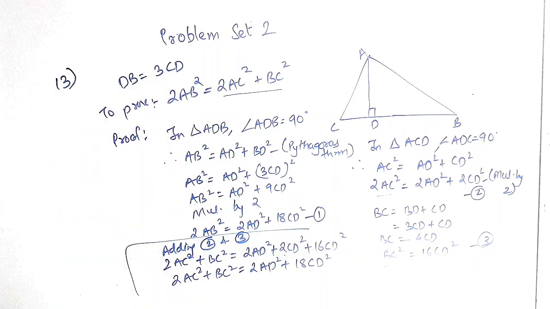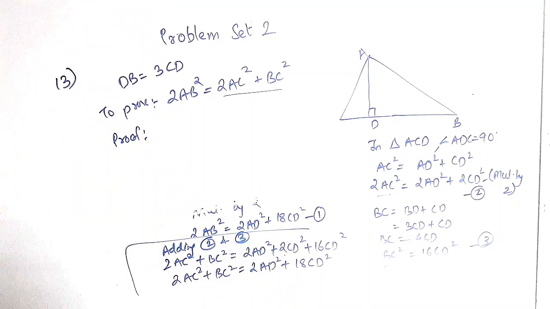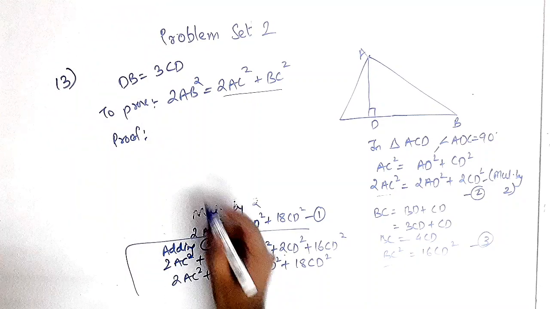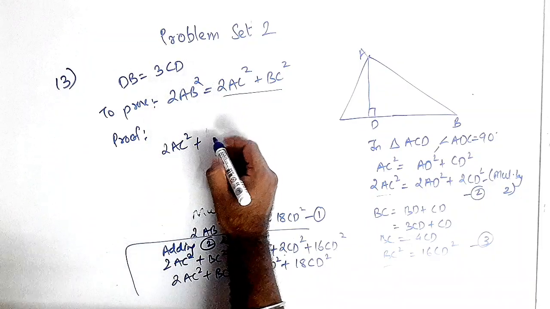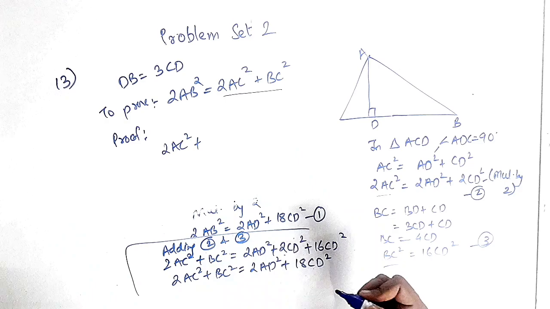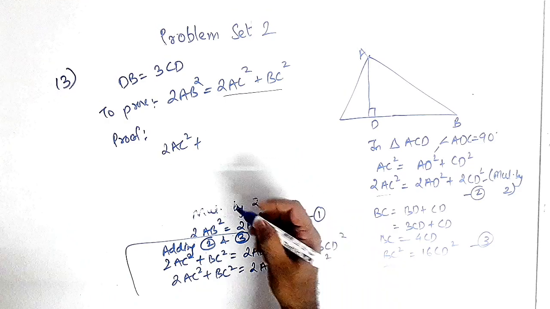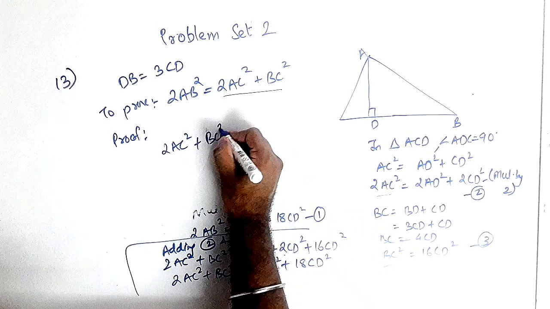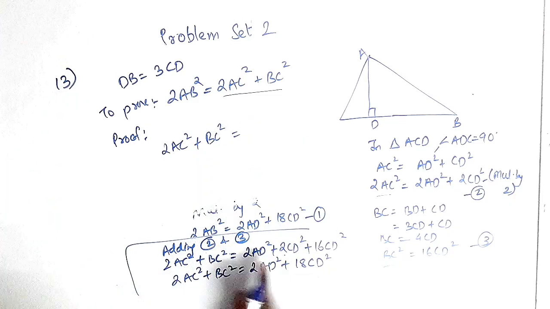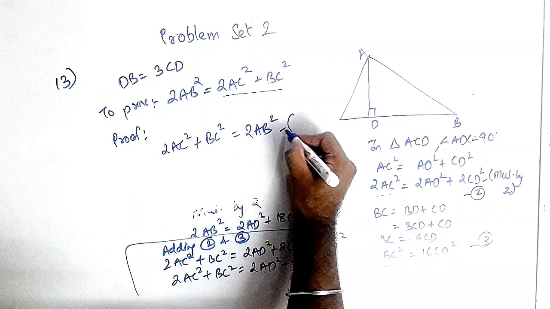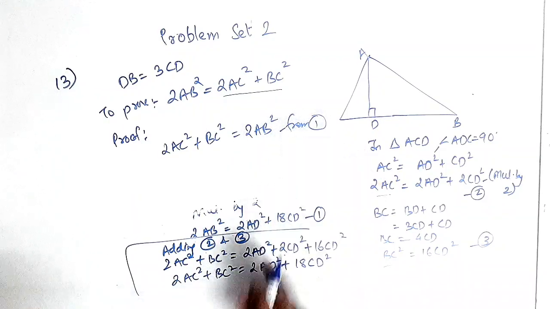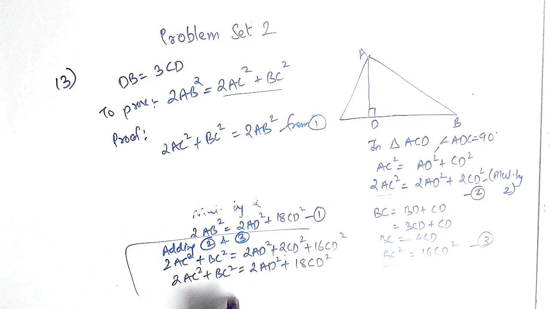So 2AC square plus BC square is equal to 2AB square. Very simple. So we have reached what we wanted to do.